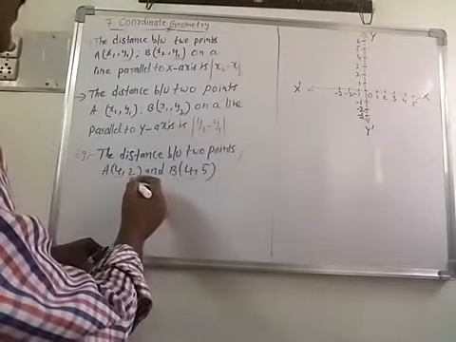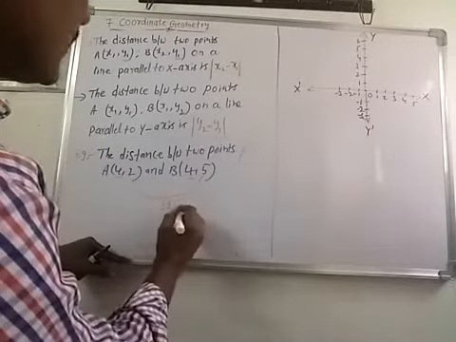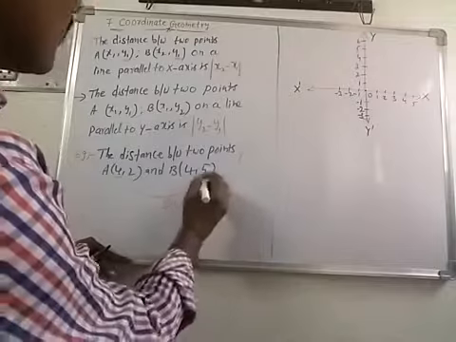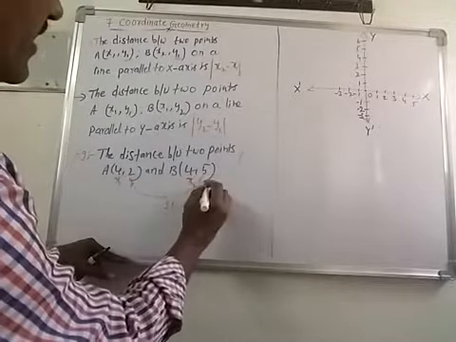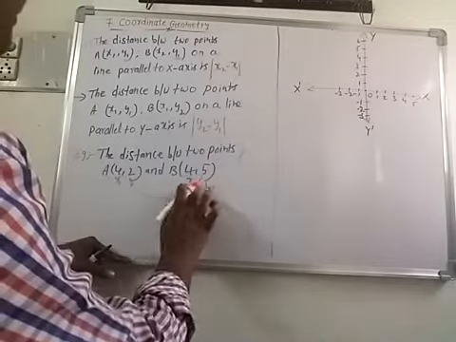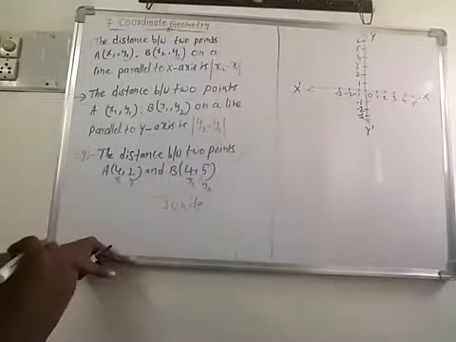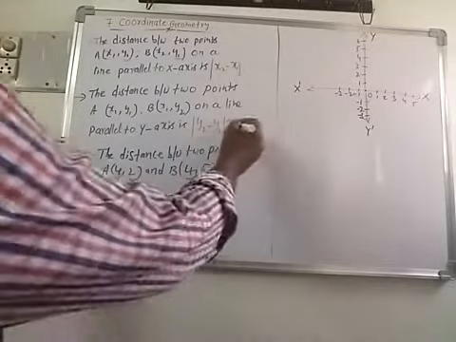Their distance is 5 minus 2, which is 3 units. This is x1, y1, and this is x1, y2, so their distance is y2 minus y1.